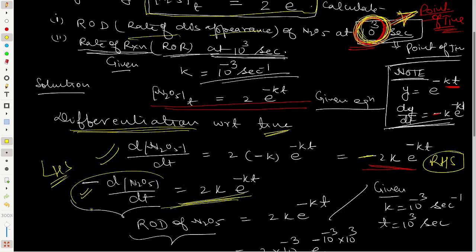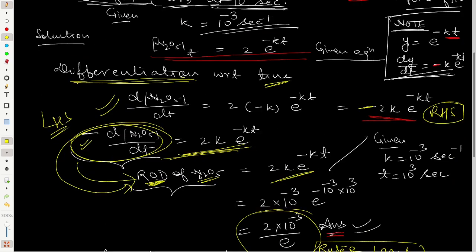And my dear friends, this is the rate of disappearance of N2O5. Now we have to put the values. This value was given, this value was given. We put these values and we get this one as the answer.